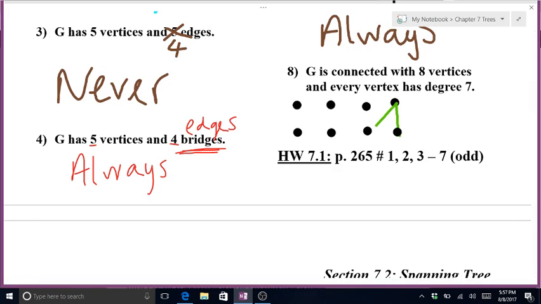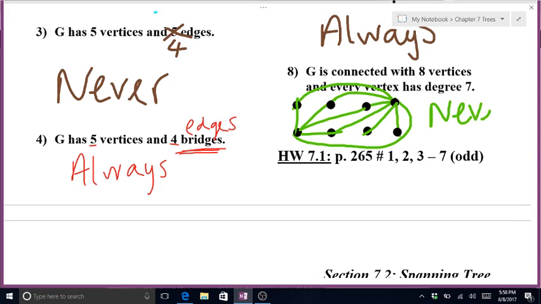So we've got 1, 2, 3, 4, 5, 6, 7. This one has 1, 2, 3, 4, so on and so forth. This is a never. In order for this to be a tree, it can have no more than a degree of 2.